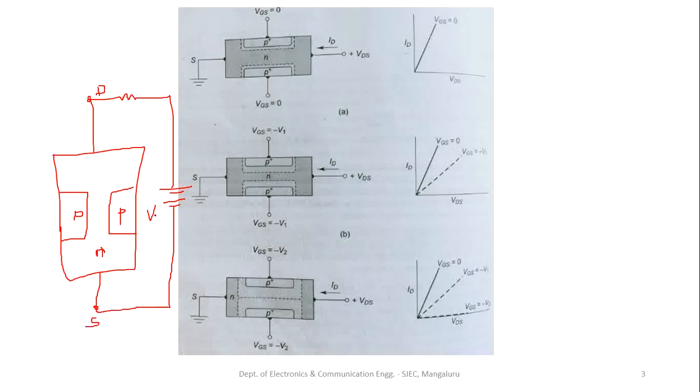We have the VDS or VDD, which can be anything we take. This is positive and this is negative over here, and then the gate terminal. At this point, this is reverse bias. The JFET is always reverse biased.